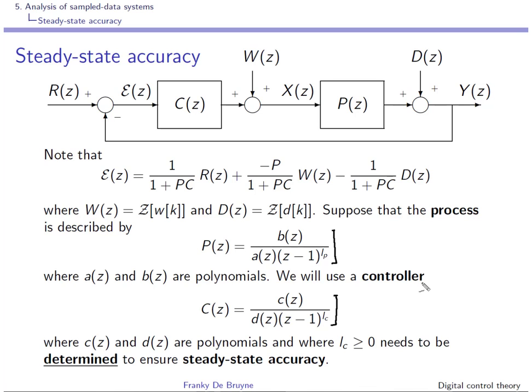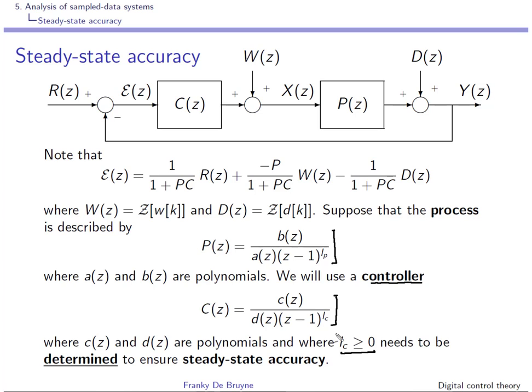But here we are designing the controller, so the number of controller poles at z is equal to 1, so the number of integrators in the controller, is really something that can be determined by the one that is doing the design.